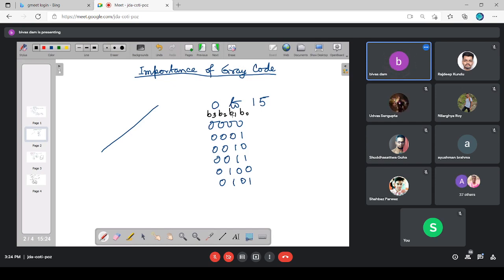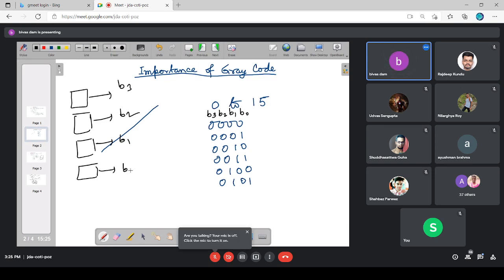So I have four different circuits, and here I am getting B3, B2, B1, B0. Now, as these four outputs are going to have four different propagation delays, I must assume particular relative values of those four latencies.